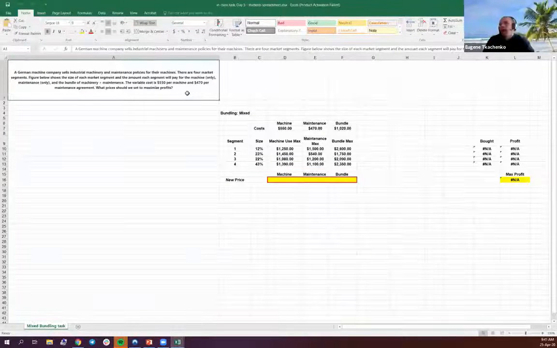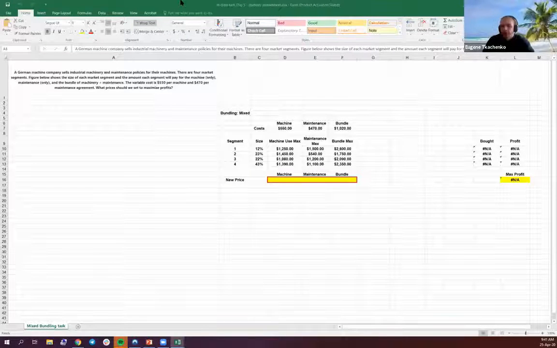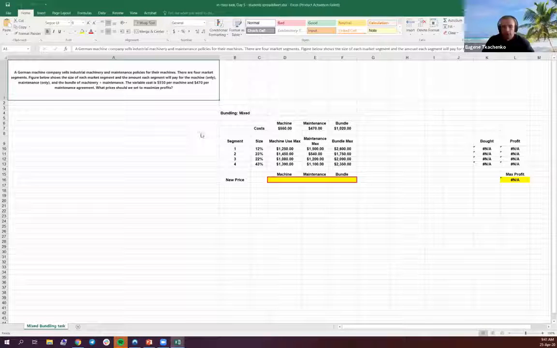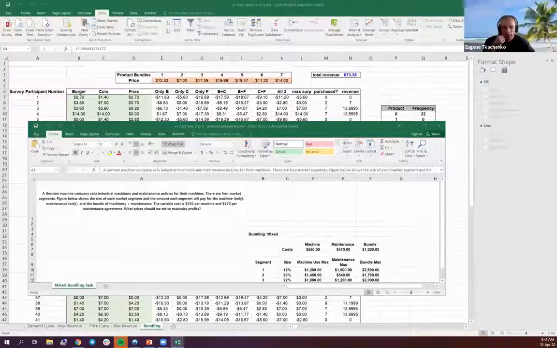So first of all, are there any issues with having the Solver add-in installed on your machine before we start working on this? I just wanted to make sure. No issues, thumbs up. Issues, just type it in the chat. Okay, Max, what kind of problems are you having on your end?